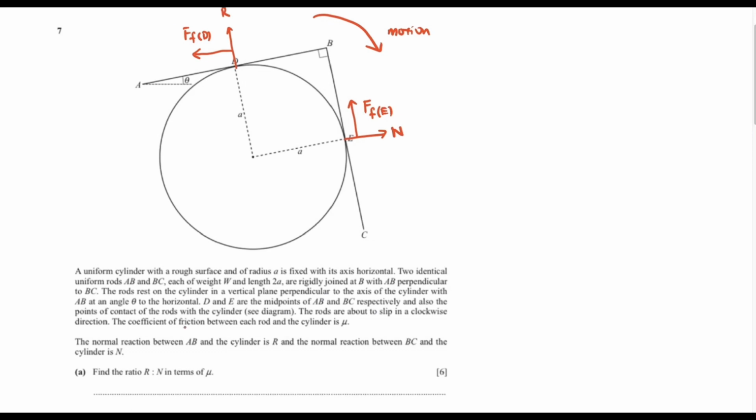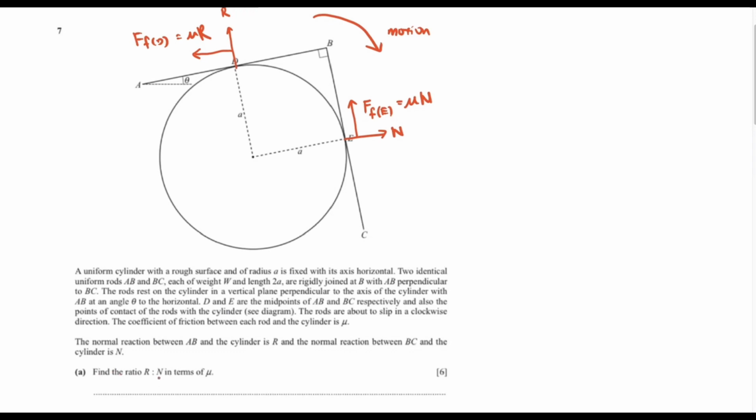And of course, because of this, we have the coefficient of friction. So we managed to form an equation, F at E equals mu N, and then F at D equals mu R. Okay, managed to form the equations because of this information.